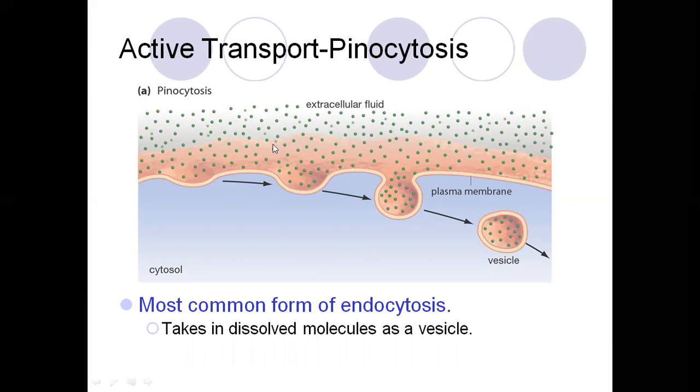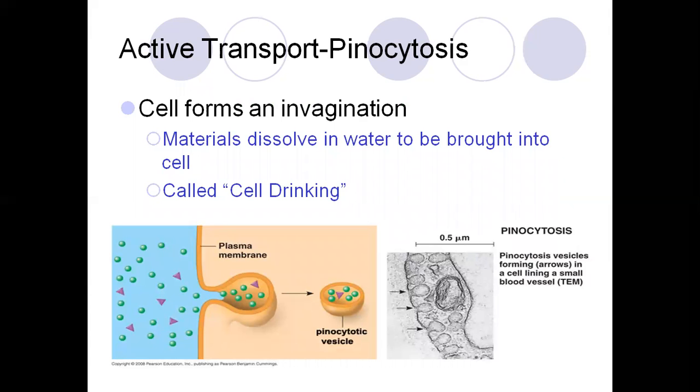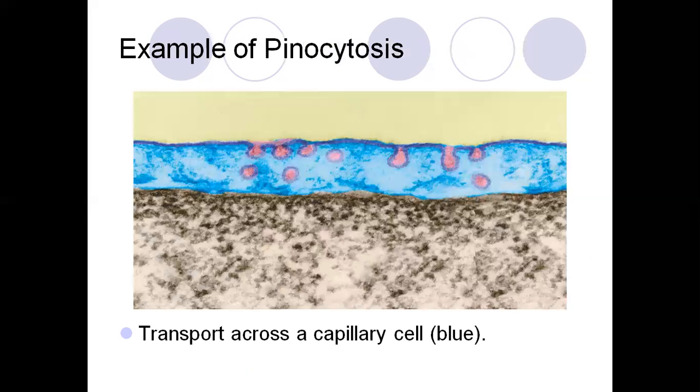The plasma membrane forms a vesicle, the molecules enter inside the vesicle, and the vesicle goes inside the cell. This is called pinocytosis. The cell forms an invagination so that material dissolved in water is brought into the cell, called cell drinking.